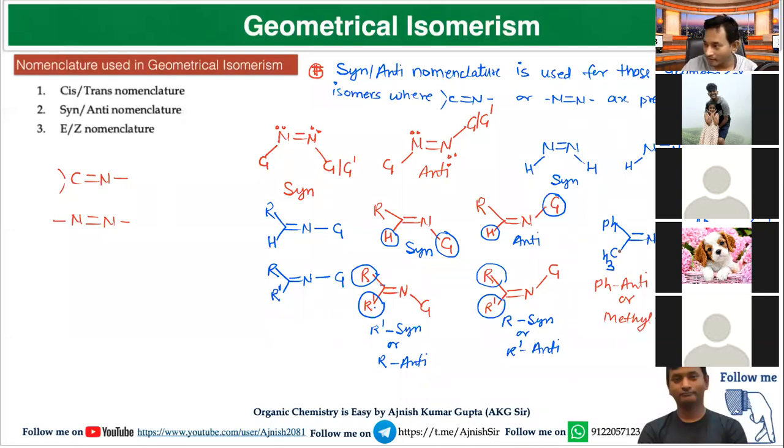When we are writing from the CH3, it is called as methyl syn. And when we are taking this phenyl, it is called as phenyl anti. Similarly, here this Ph and OH are on the same side, so it is called as phenyl syn. Whole phenyl groups may be written, or in short form Ph.